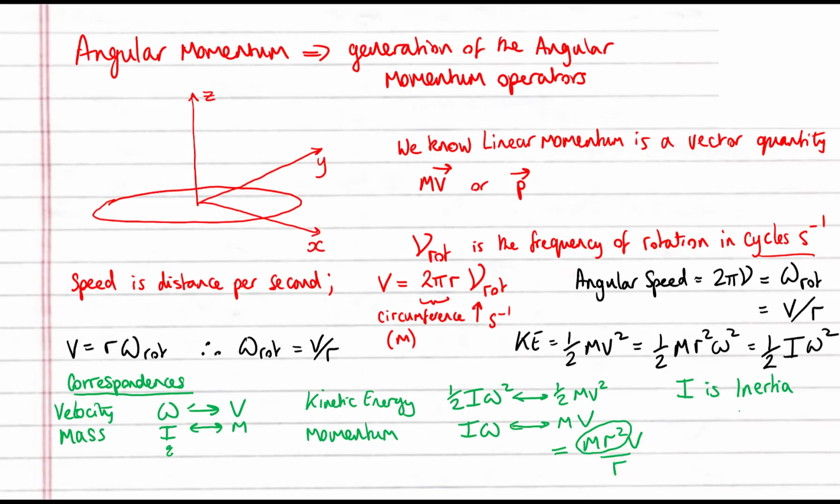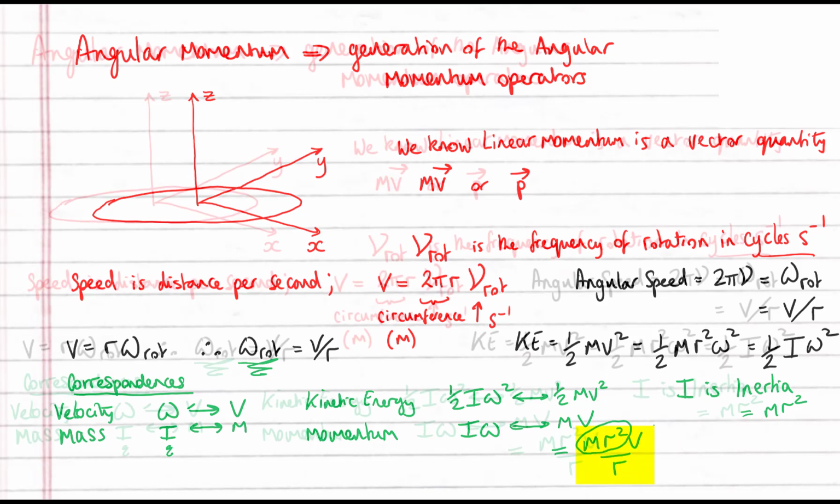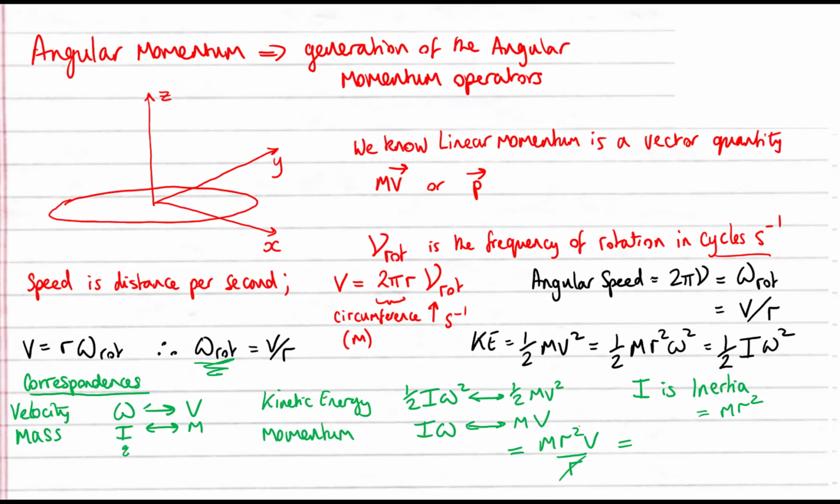I is the moment of inertia. It's equal to m r squared. And of course the angular speed here is equal to v over r. So that's the angular speed over here. And that ends up being equal, of course, once the r's cancel, to m times r times v. So let's explore that a little bit more in the next slide.